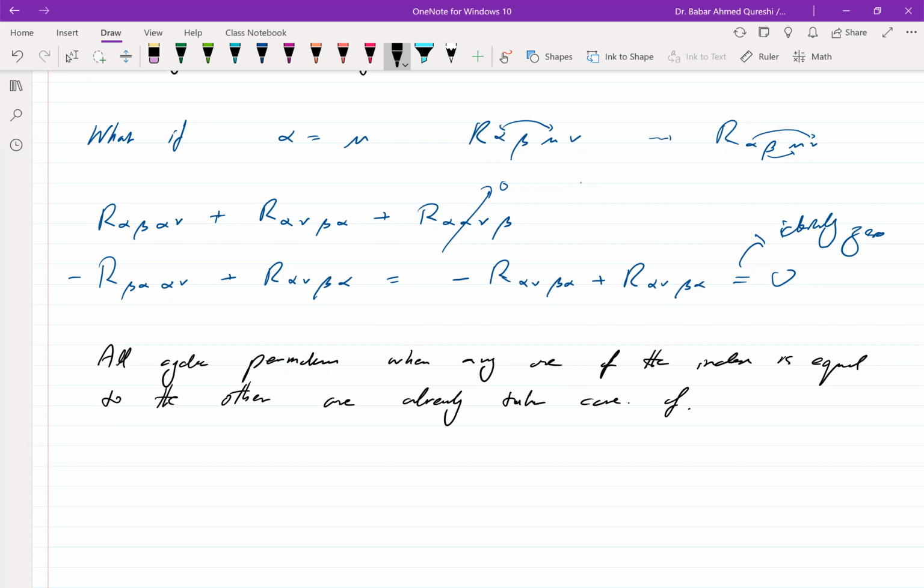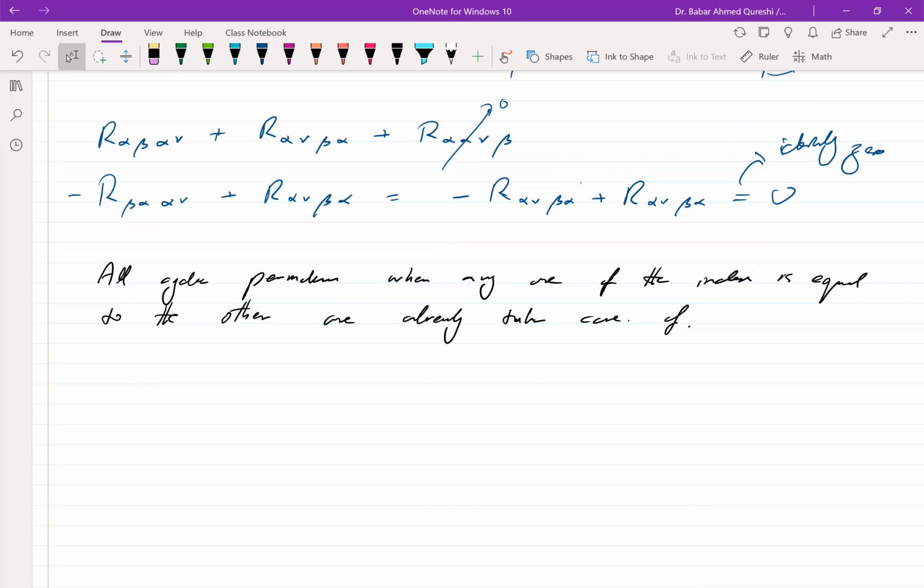So I only have to impose the condition when none of them are equal. So for example, if I have something like this, this I have to impose by hand.